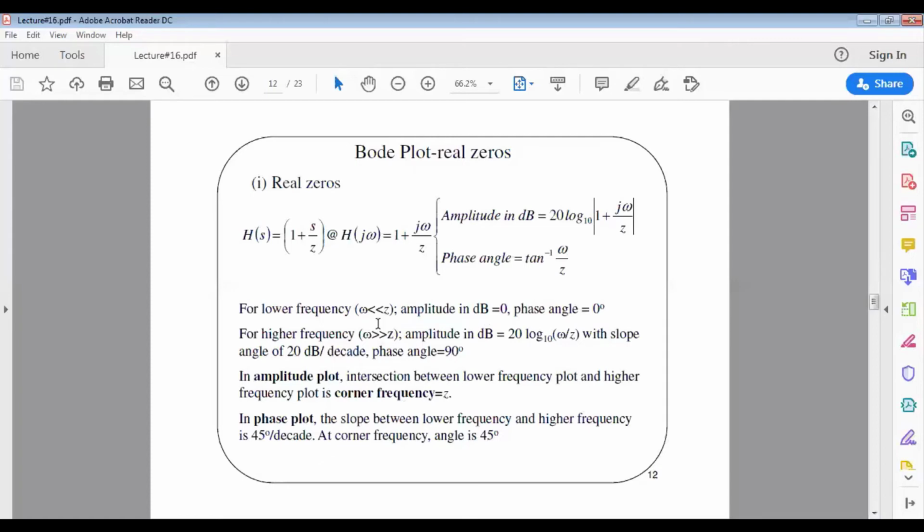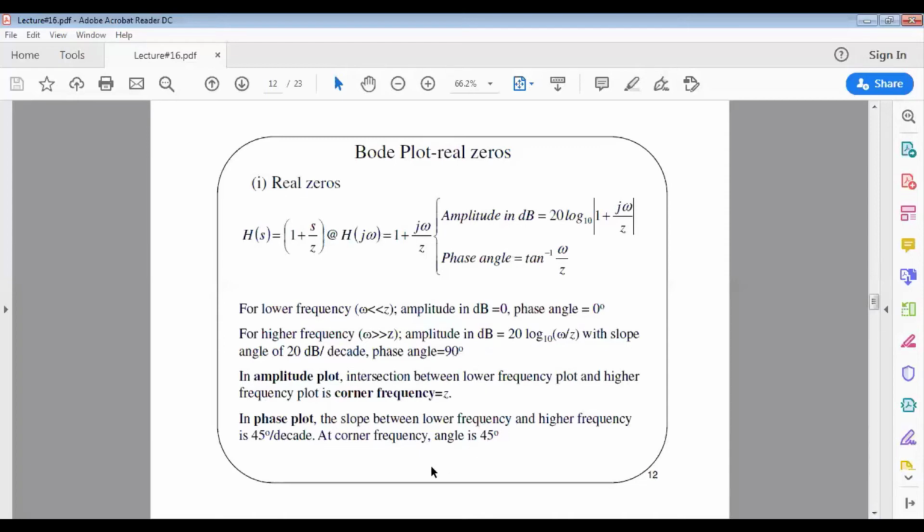And for higher frequency case, where omega is much bigger than Z, the amplitude in dB will be 20 log omega divided by Z, where we ignore the effect of 1. Remember that for the case of real zeros, for higher frequency, there should be a slope of 20 dB per decade. And based on the phase angle equation, with omega much bigger than Z, the phase angle will then equal 90 degrees.